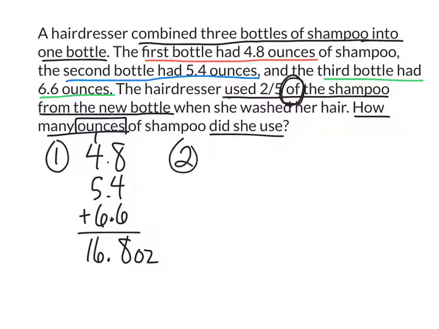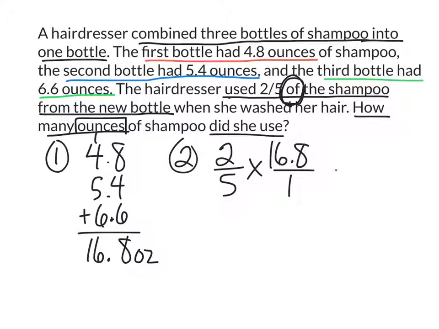There's that word of again. A lot of times means we're going to multiply. So we could do 2/5 times 16 and 8/10. The 16 and 8/10, you can change that to a mixed number, and then you could reduce it. You could change it to an improper fraction.